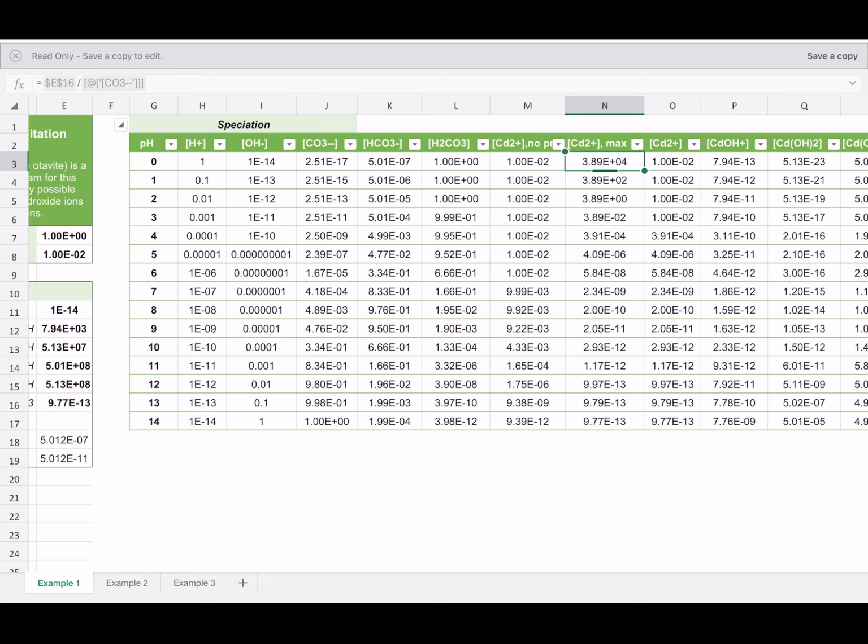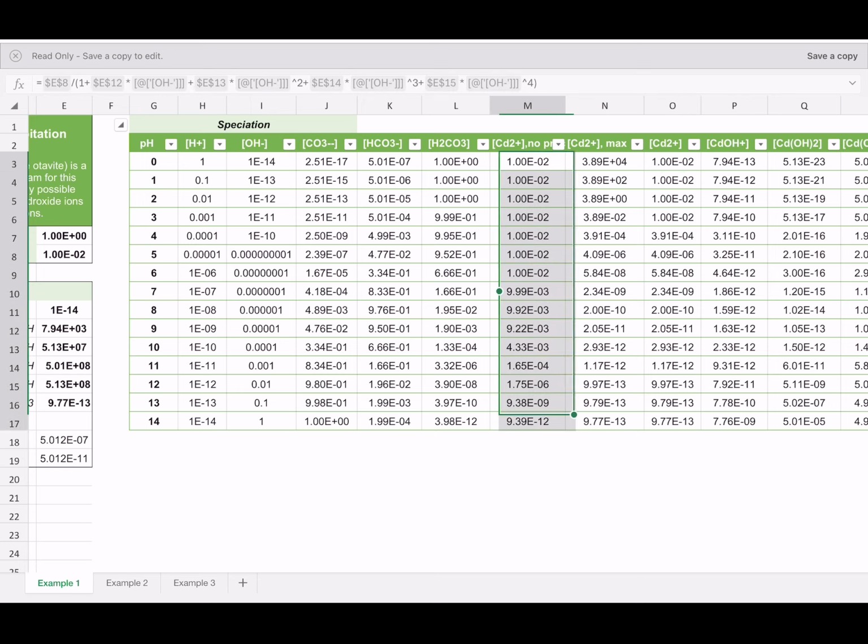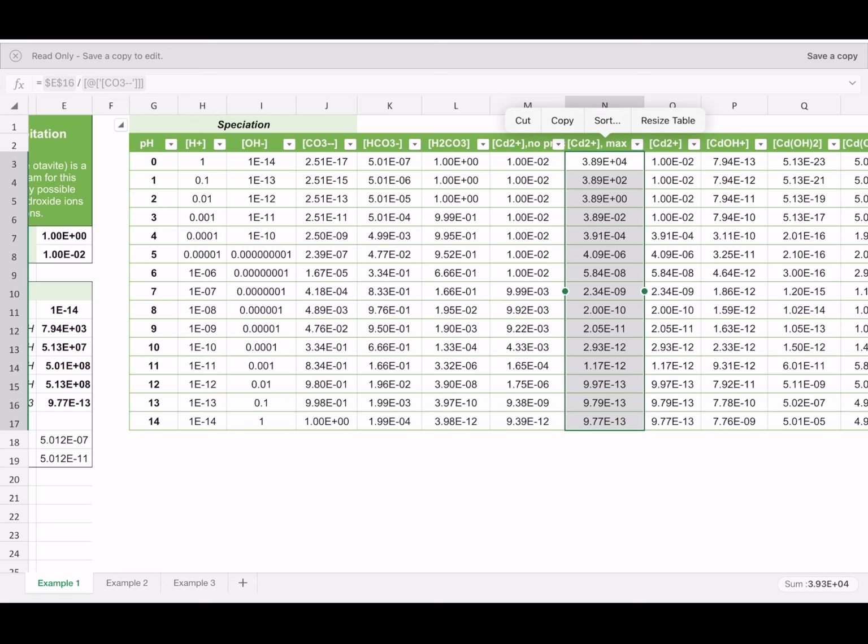Once we have the two, the third one would be the actual cadmium concentration in the system. So cadmium 2 plus is the actual one, which is a very simple function. It's a minimum function between the two. So you have that in the Excel, which makes your life easier: the minimum between these two columns.